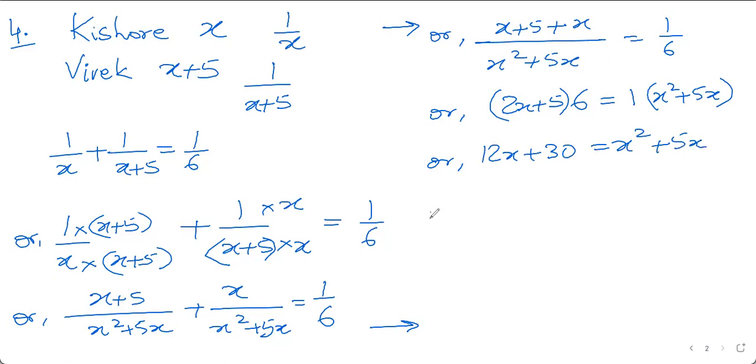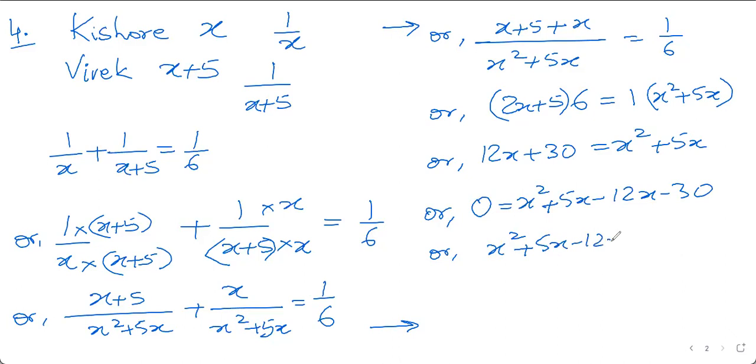Now because we want the equation in the general form, it is clear that it is a quadratic equation. We got the x square. Because we are trying to get it in the general form, we will take everything to the right hand side. So we can say 0 equals x square plus 5x minus 12x minus 30, or x square plus 5x minus 12x minus 30 equals 0. We have swapped the sides.